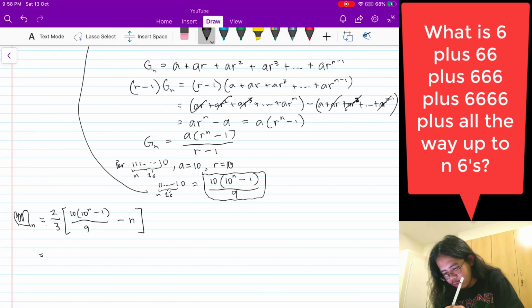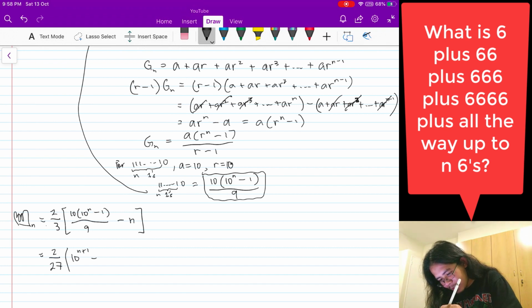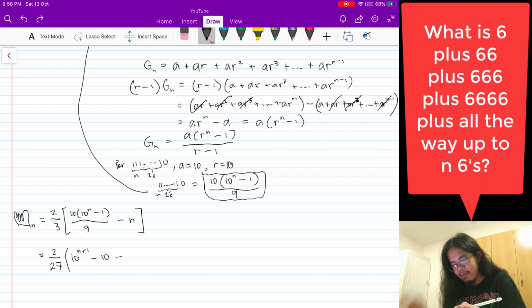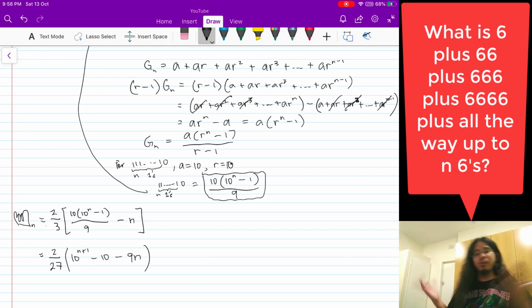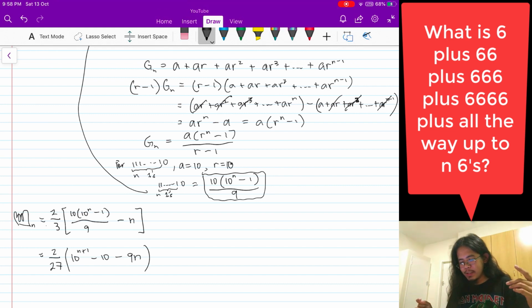So this will give you 2 over 27. We can distribute 10, so you have 10 to the n plus 1 minus 10 minus 9n, since you factored out 9 and n doesn't have a coefficient, so it has to have 9n over there because you factored out 1 over 9. Okay, so that's what happens.